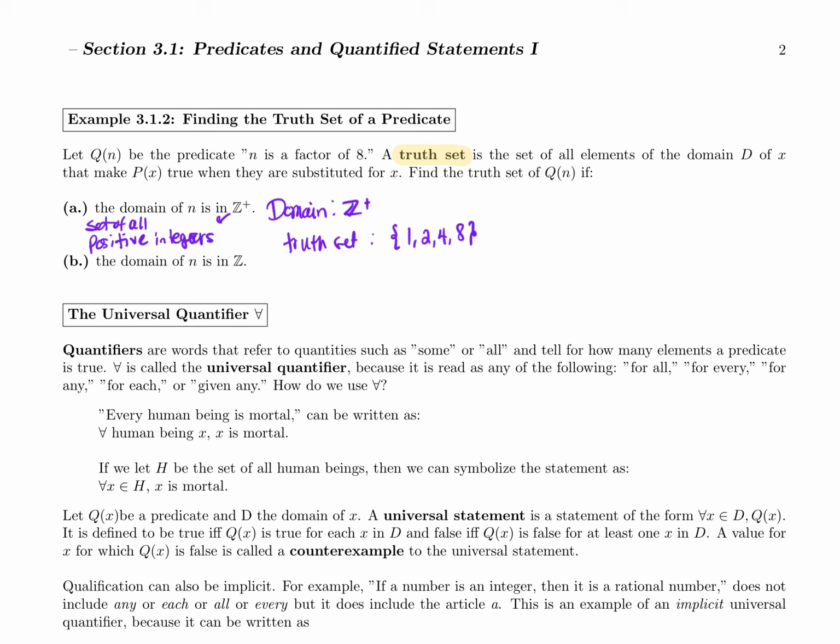So now, instead, let's think about our domain being Z, the set now not of just positive integers, but all integers, which means positive and negative and 0. So our domain now is the set of all integers, and our truth set involves not only the positive integers, but the negative ones as well, because -1 times -8 is still 8.